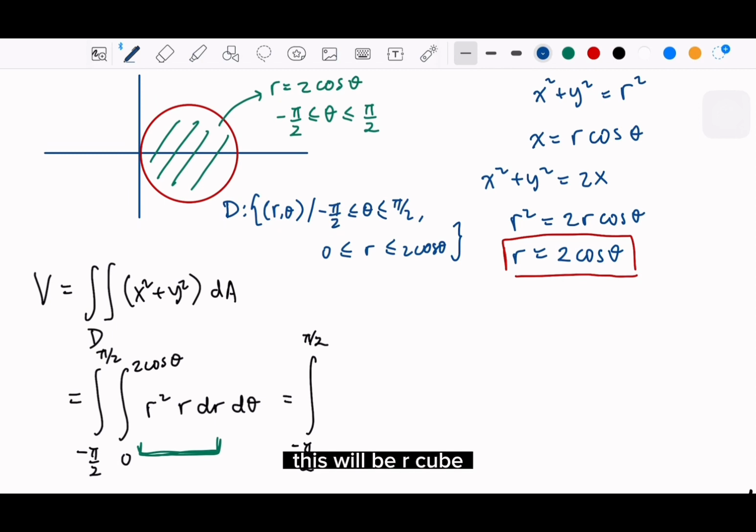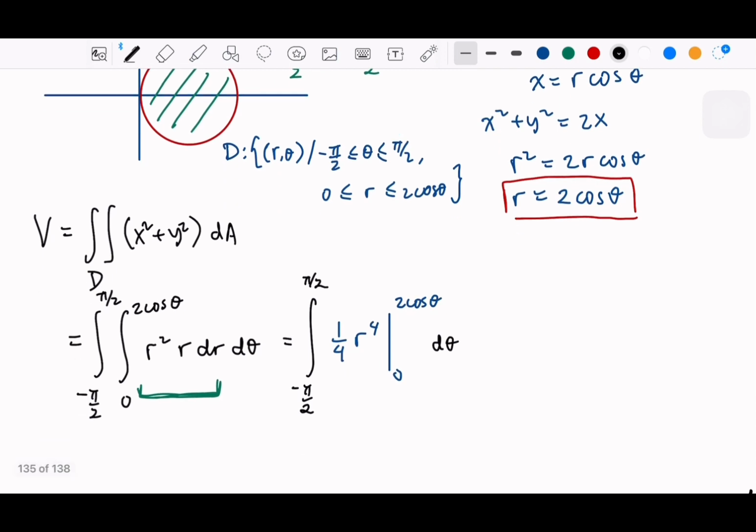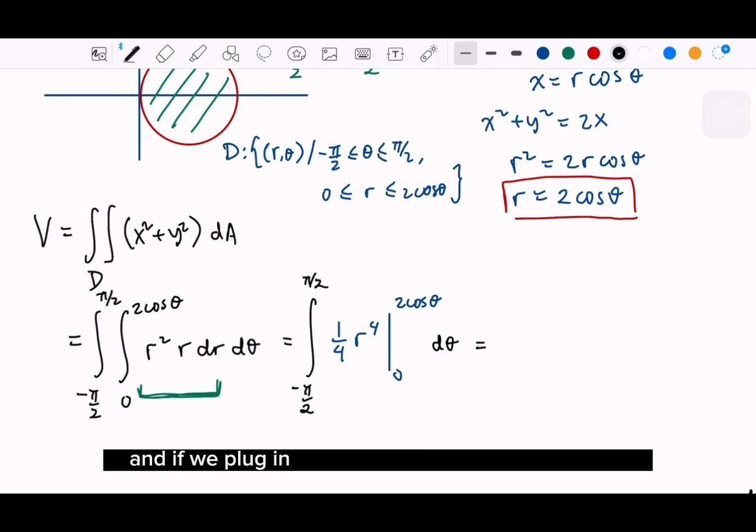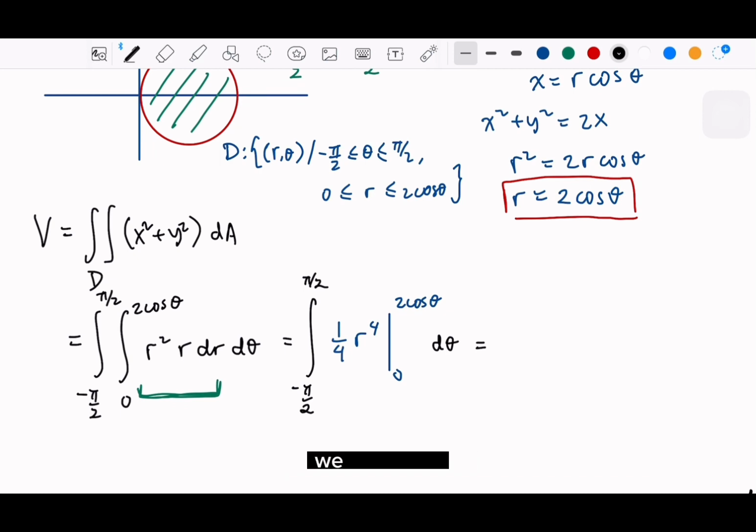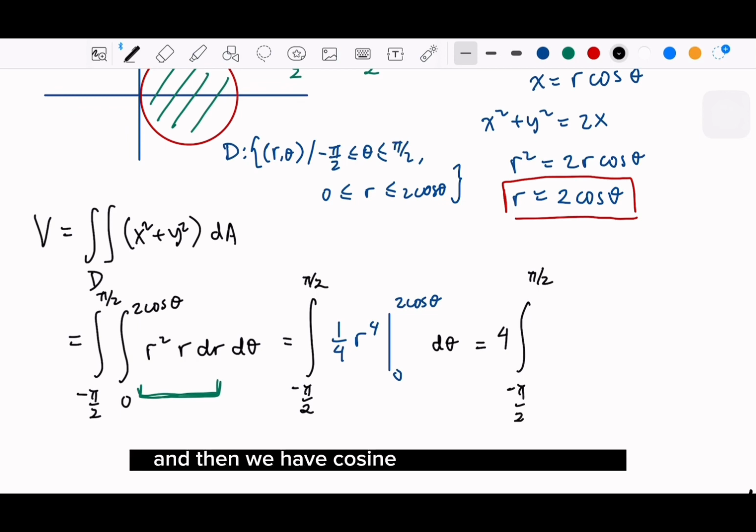So this will be r cubed, so 1 over 4 r to the power of 4, plugged in from 0 to 2 cosine theta, and then d theta. If we plug in 2 cosine theta, we have 16, so 16 divided by 4 we have 4, which I put outside, and then we have cosine to the power of 4 theta.